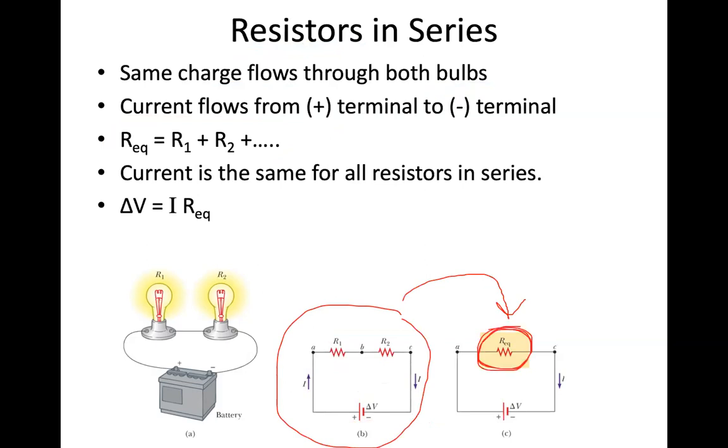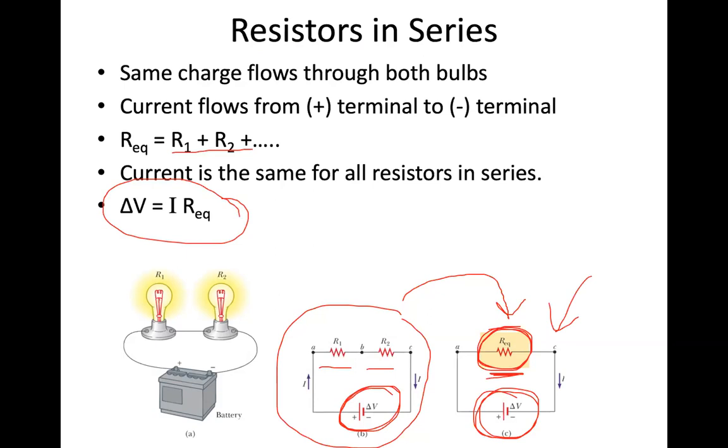In other words, these two resistors are equivalent to one resistor. And I find that by adding the two together. The power source, the voltage, is going to stay the same because I'm not doing anything to the battery. And I'm going to use Ohm's law to understand what all of that circuit looks like.